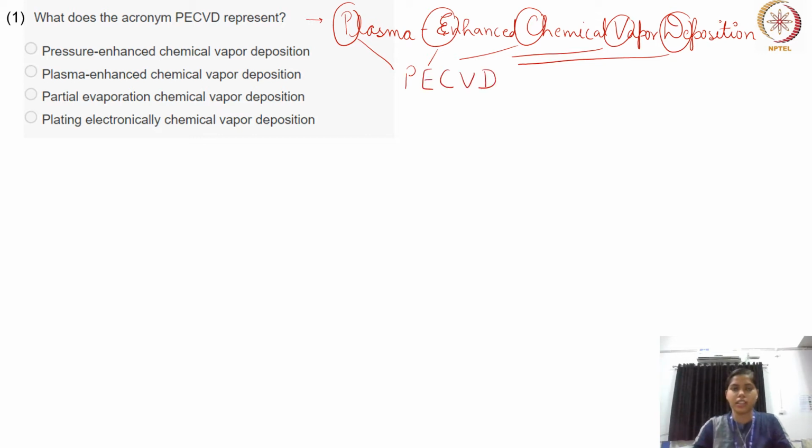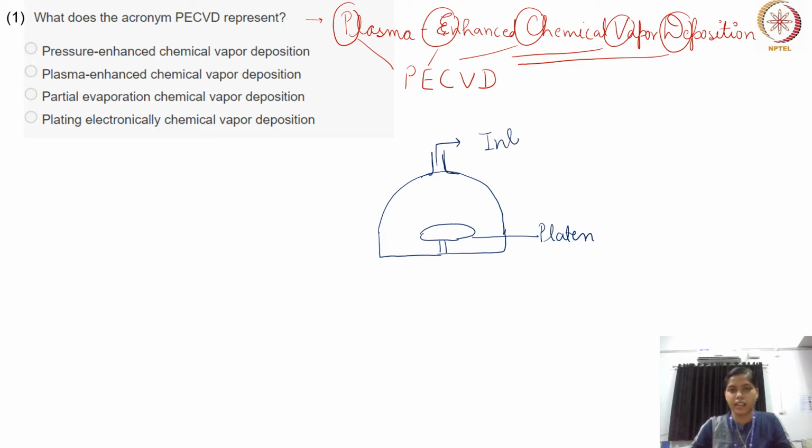So let's have a look at how this technique actually works for thin film depositions. Basically it consists of a chamber which has a substrate platen. So suppose this is your substrate platen, this is your chamber, and this is your platen over which we can place the substrate, and here it has some inlet. The inlet will be the gas inlet.